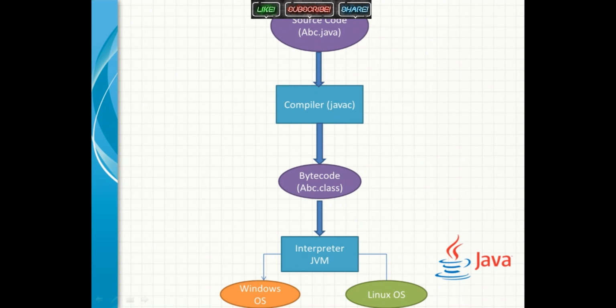If no error is there, it will give you a class file, that is the bytecode, which is executed in the interpreter, that is the JVM, which will interpret these bytecodes into machine language, using the corresponding JVM of the operating system, whether it is Windows, Linux or Macintosh. Any operating system will have its corresponding interpreter.